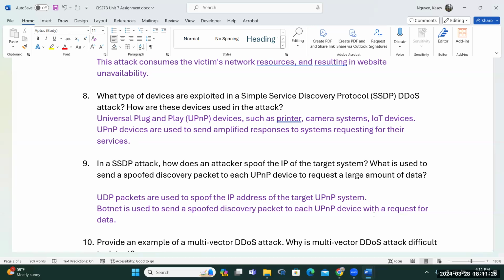First you need to spoof the IP of the target system. Then a botnet, or zombies grouped together, would be used to send spoofed discovery packets to the devices and request data.